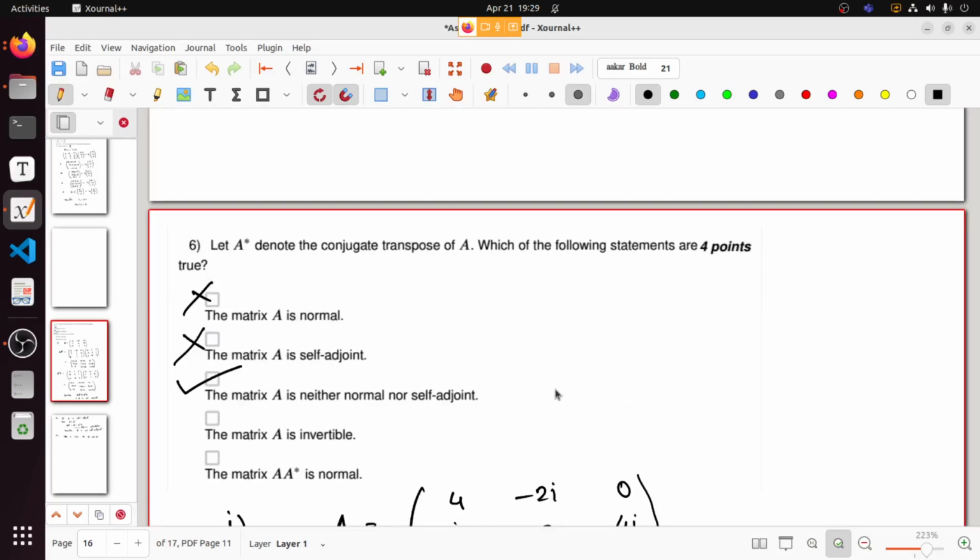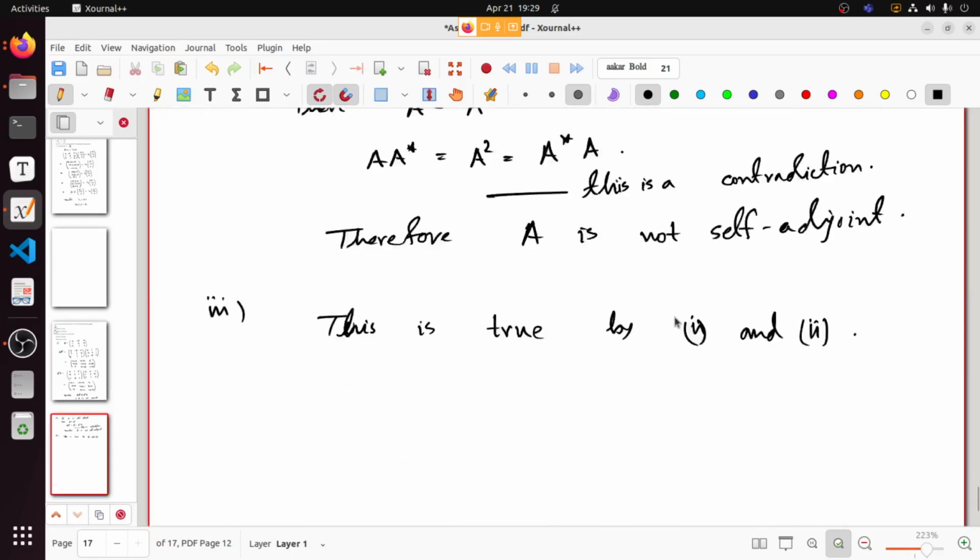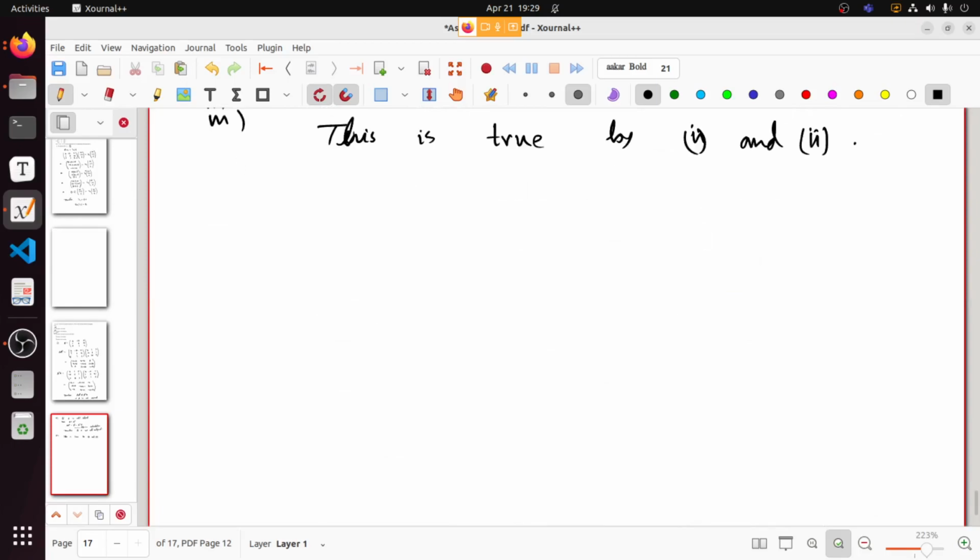Now, the fourth option is saying that the matrix A is invertible. So let's check this. The matrix A is given by 4 minus 2i, 0, i, 2, 4i, 0, i, 6.